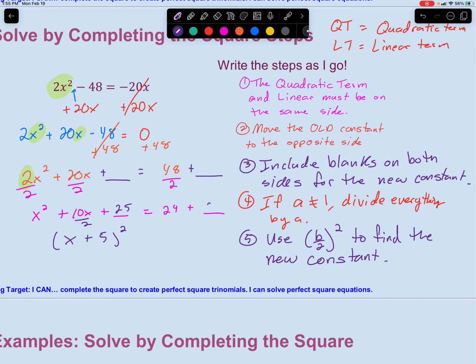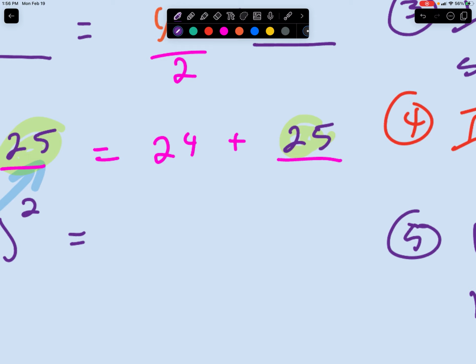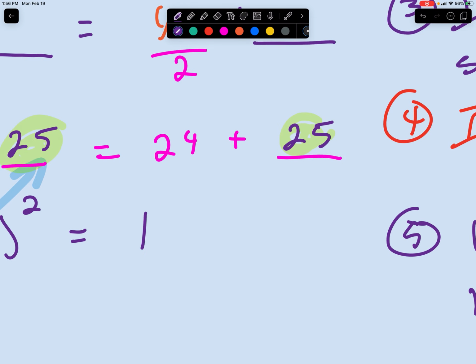And what I add to one side, I have to add to the other. I get x plus 5 squared equals, I can add these two together, and I'll get 49.